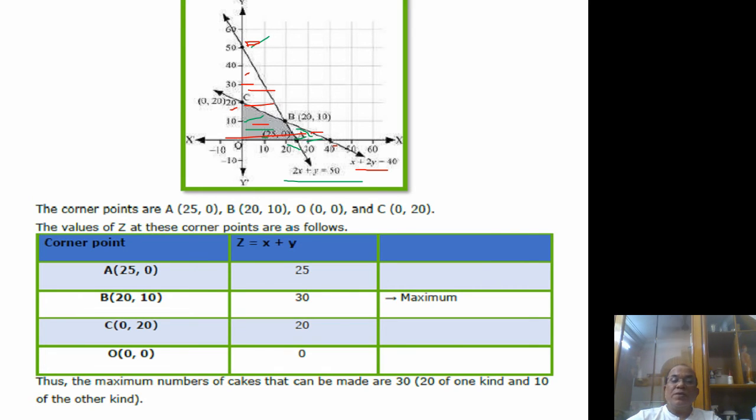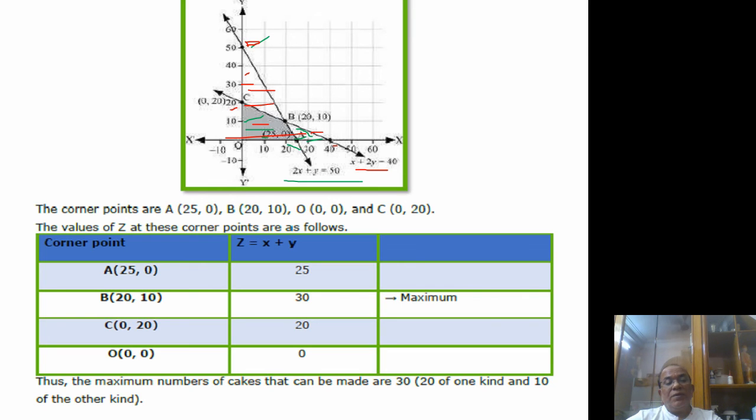The first point is A, which is 25 comma 0. The second point is B, 20 comma 10. How do we get this 20 comma 10? By solving both the inequations, and you can solve it very easily, you know that. And then the point C, which is 0 comma 20, and finally point O, 0 comma 0.